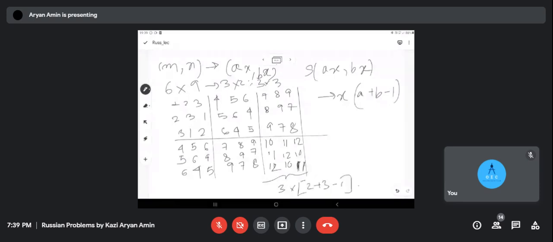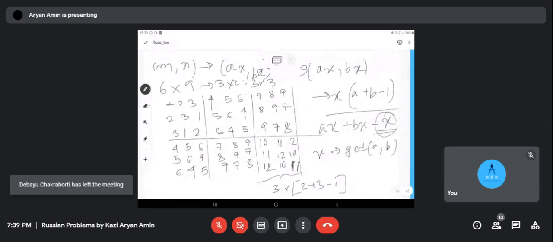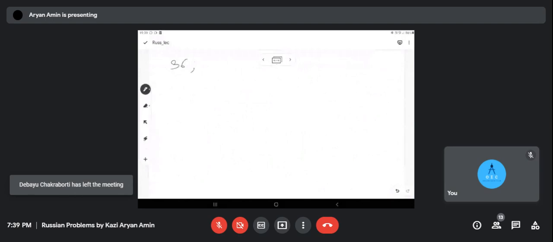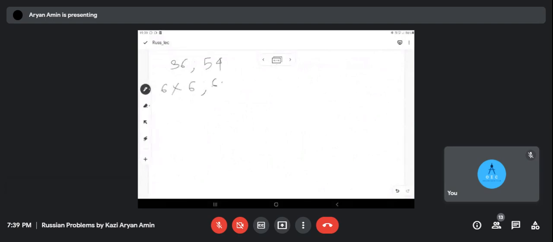So if you want to maximize this value, what can you say about x? Pick x to be their GCD, and this thing is minimized, sorry, maximized. For example, if you had something like, let's go to the next page, 36 comma 54, you could think of it as 6 into 6 and 6 into 9.